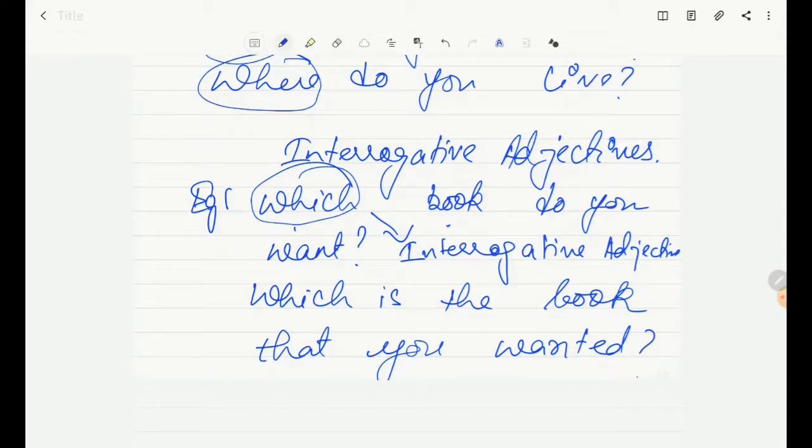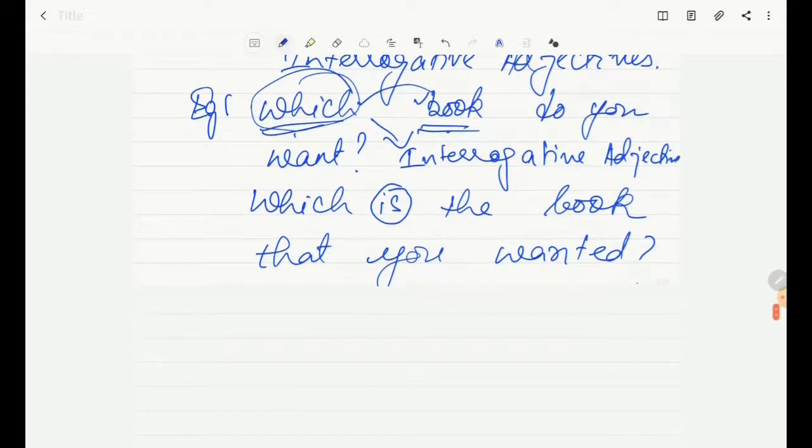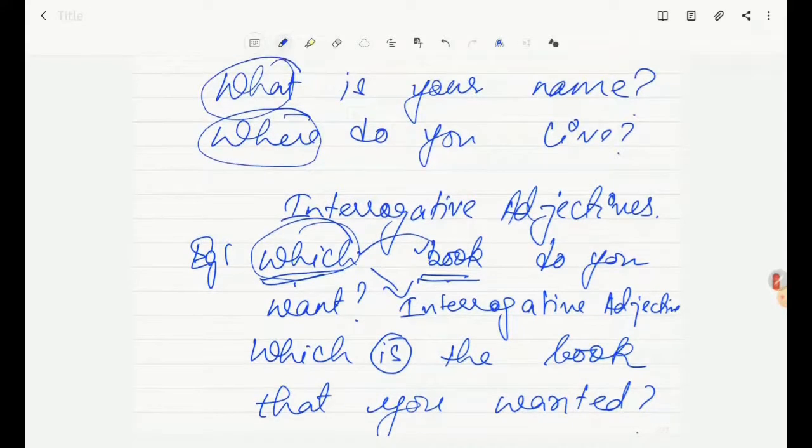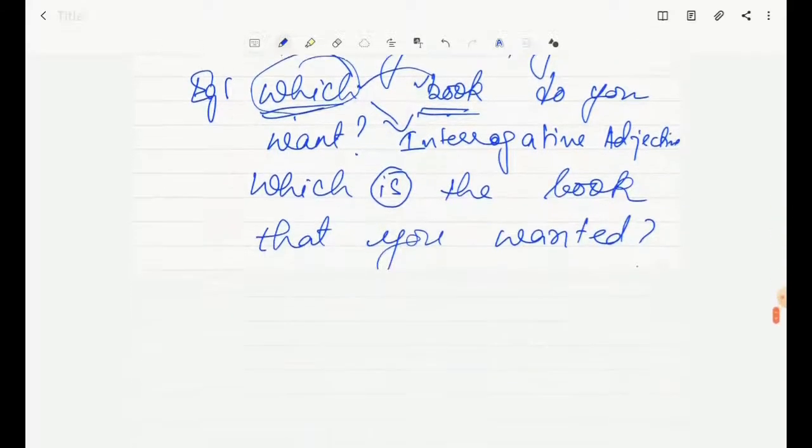After an interrogative pronoun there is always a be verb and no noun. But an interrogative adjective is always followed by a noun. So this is the major difference between the interrogative adjective and an interrogative pronoun.